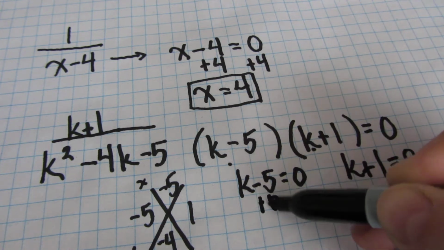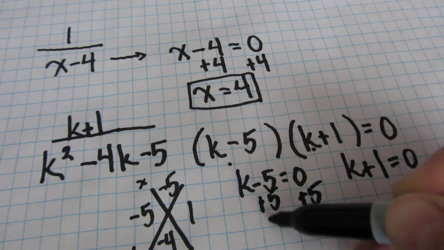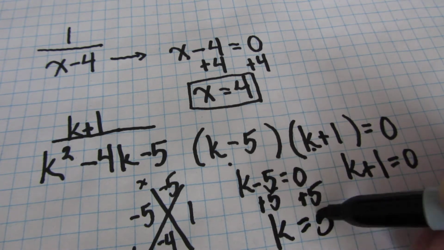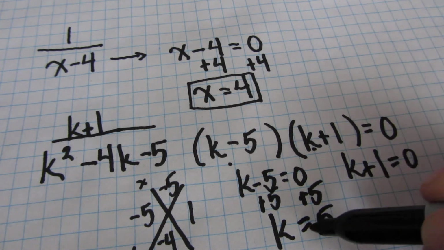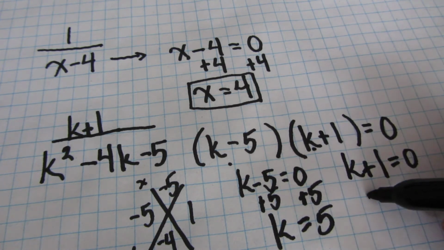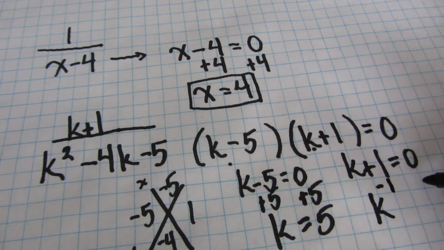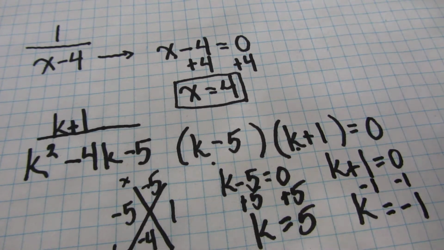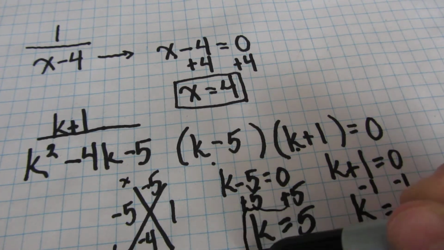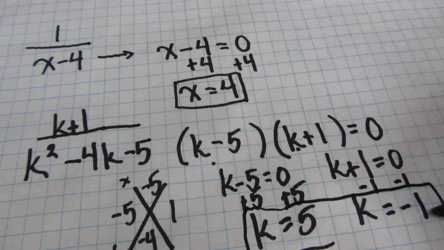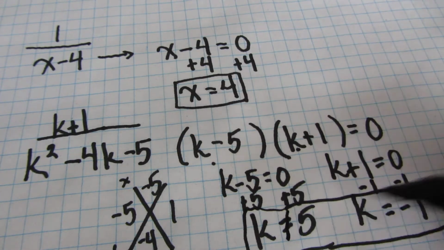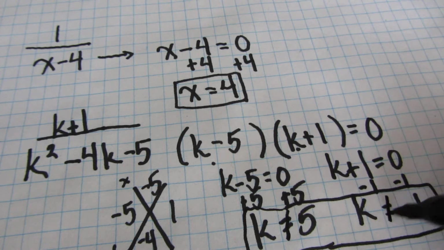Solving both of them for k, k cannot equal 5 in this situation. So this will be an excluded value. And we'll subtract 1 from both sides here. And in this case, k can also not equal negative 1. So our excluded values for this situation here is k cannot equal 5 and k cannot equal negative 1.